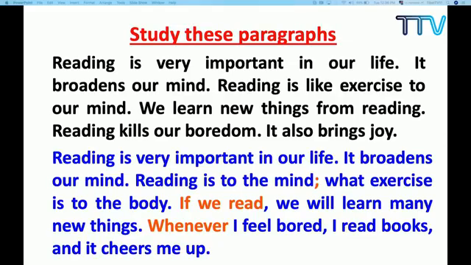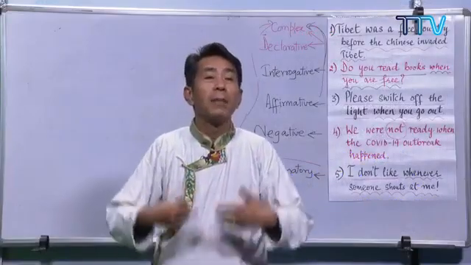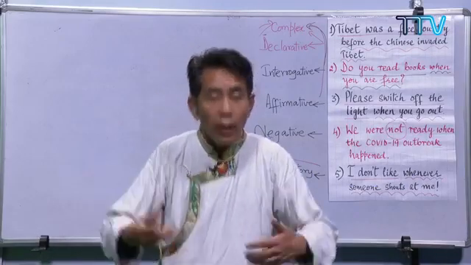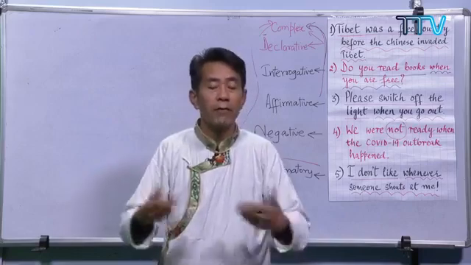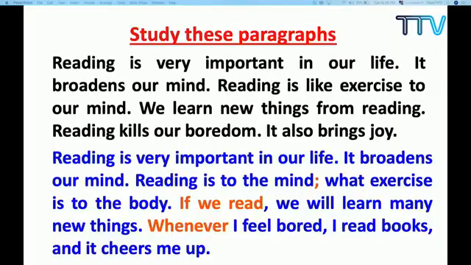Why is it dependent? Because "if we read" does not make complete sense. Obviously the next question will come: what will happen if we read? So this is dependent. In this sentence there are two clauses. The first clause, "if we read," is a dependent clause, and the next clause is an independent clause. So what type of sentence is this?